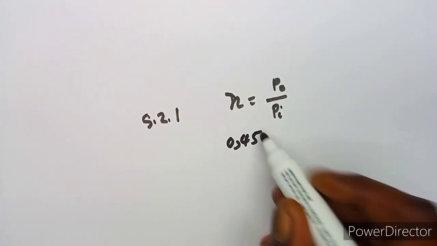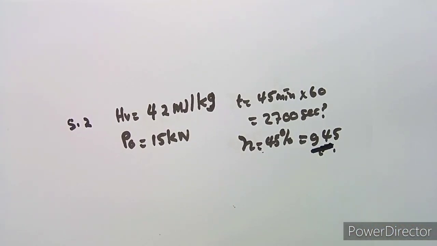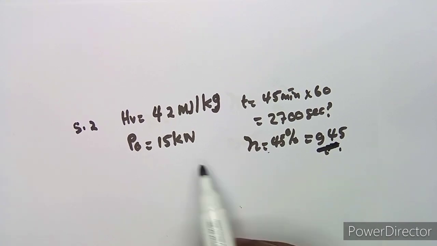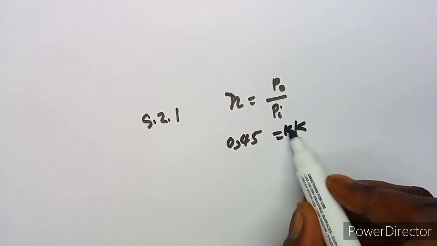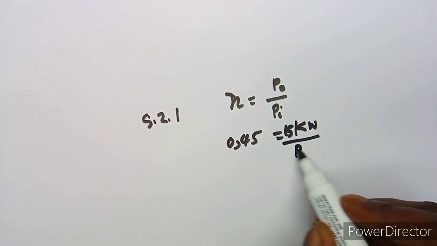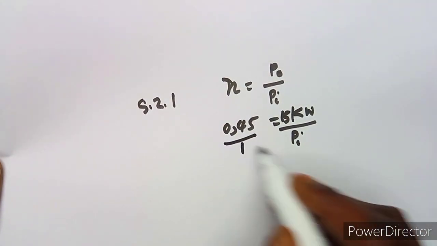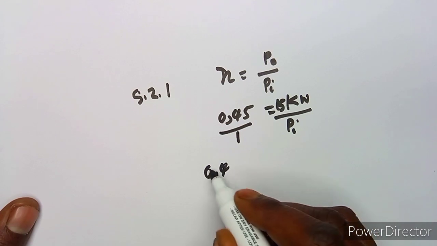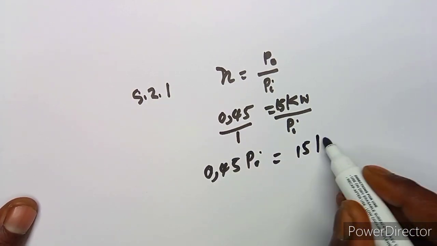So already I have applied the 100% because I divided, so I'm not going to use it. Take note, power output is 15 kilowatts, so it's going to be 15 kilowatts over the power input. So we can play around with this to find the power input. Definitely we have to cross multiply: 0.45 times the power input is equal to 15 kilowatts.